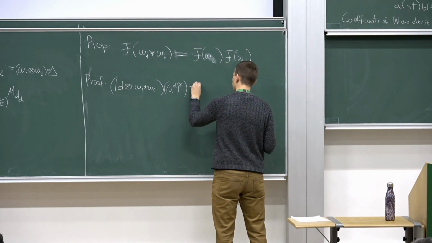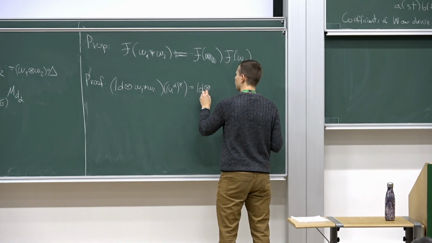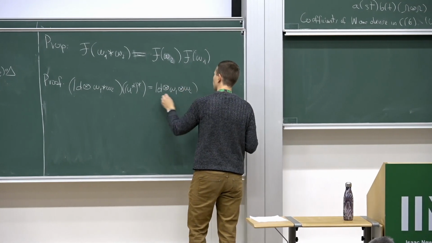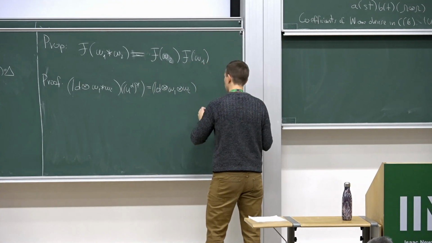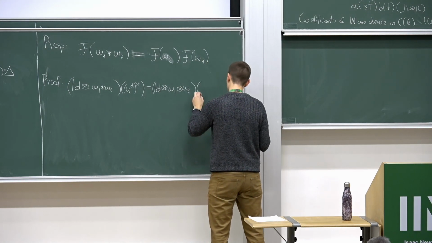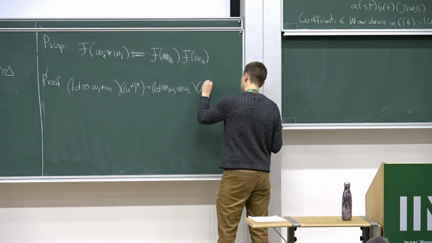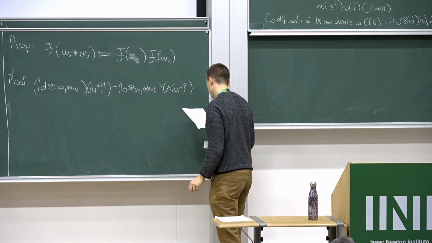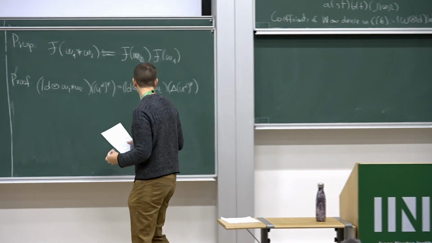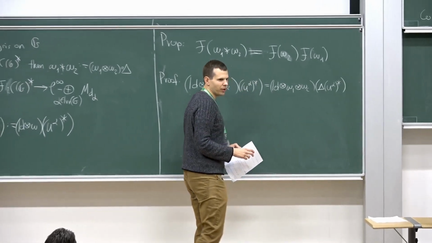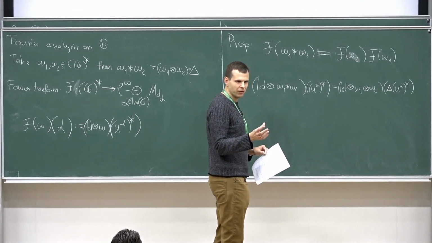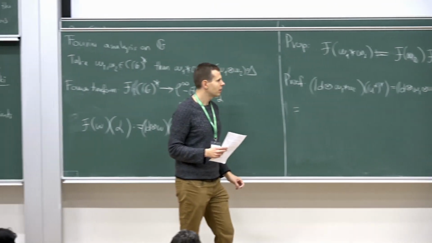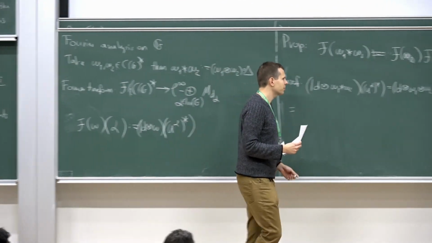By definition, you write down the definition of the convolution, so it's identity tensor omega 1 tensor omega 2, and you apply it to delta of U alpha star. Now U alpha is a representation, so it interacts nicely with delta. Yes, that's identity tensor delta.